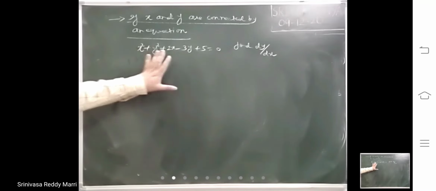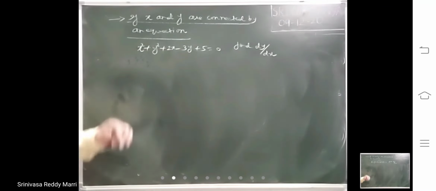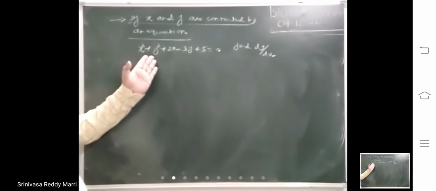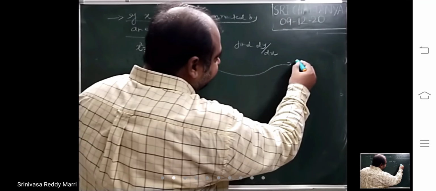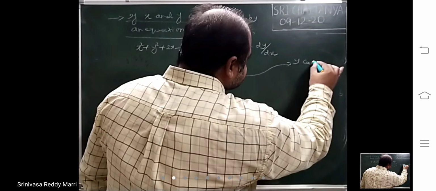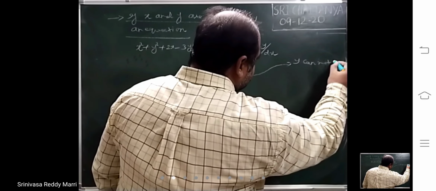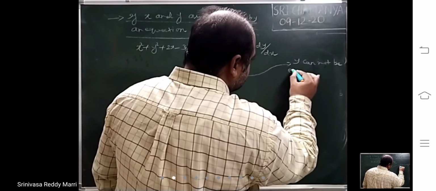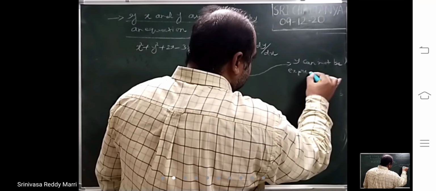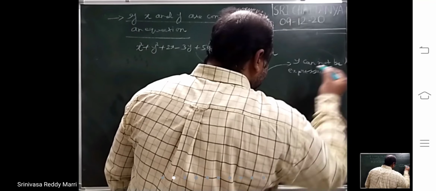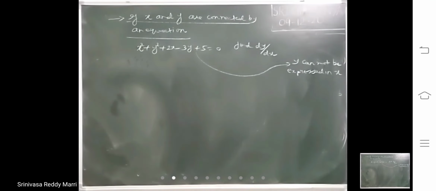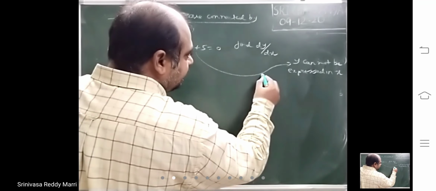Here y cannot be expressed in x. You cannot write y equal to f of x because y is connected in this equation. So y cannot be expressed in x, so this is called implicit.